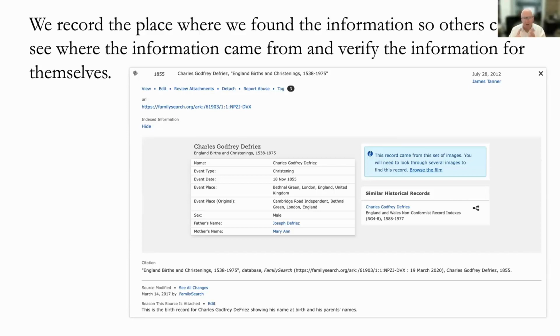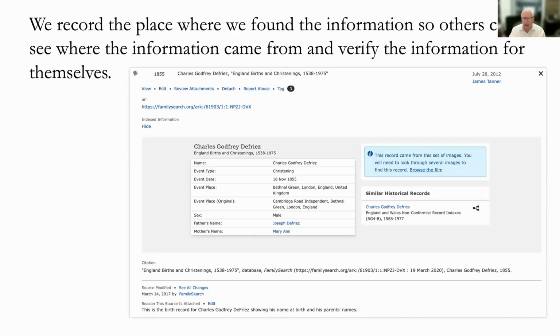Well, what we do is we record the place where we found the information, so that others can see where the information came from, and if they need to verify that information for themselves, without having to spend the time to go research that particular point again. So if I put a birth date, for example, into a website, I'm going to use Family Search from now on.